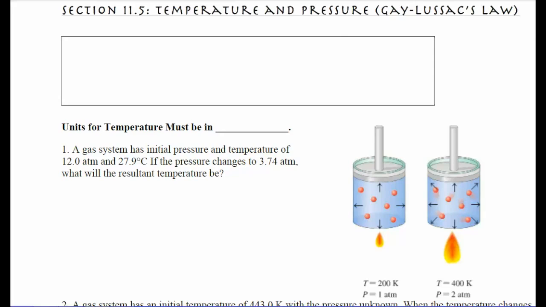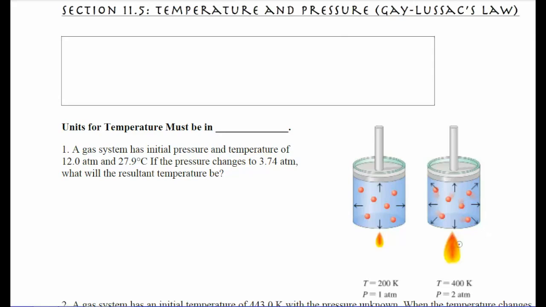The last law that we're going to look at in this lesson is Gay-Lussac's law. Gay-Lussac's law relates temperature and pressure. Up until this point, we've looked at Boyle's law, which is pressure and volume, and Charles' law, which is volume and temperature. Now we're going to look at the last one, which is temperature and pressure. In the next lesson, we're going to put all of those laws together.